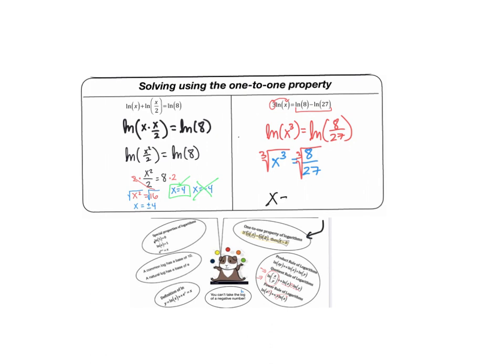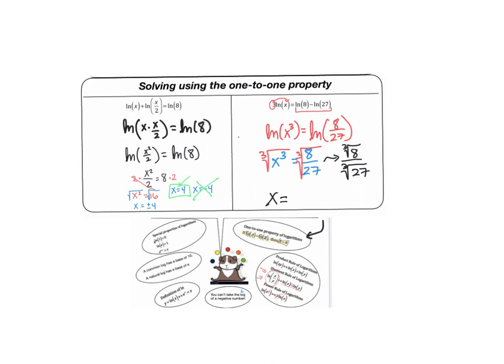So that's going to be x equals, and now I have the cube root of each one of these separately. On the right-hand side, the cube root of 8 over the cube root of 27.